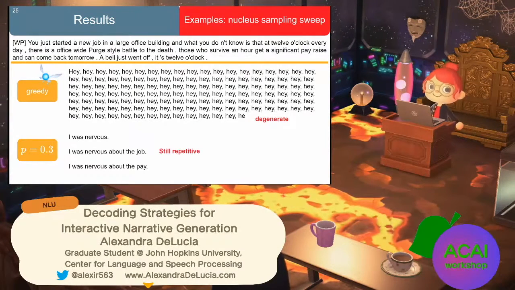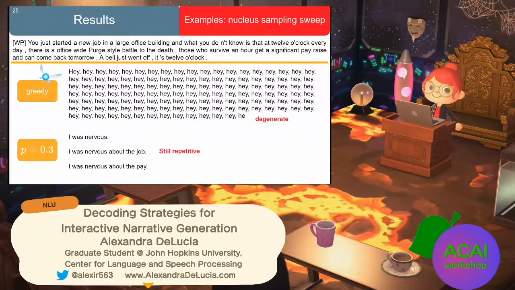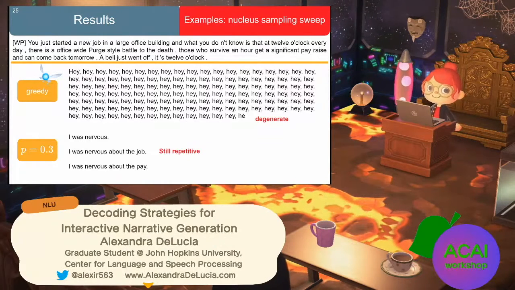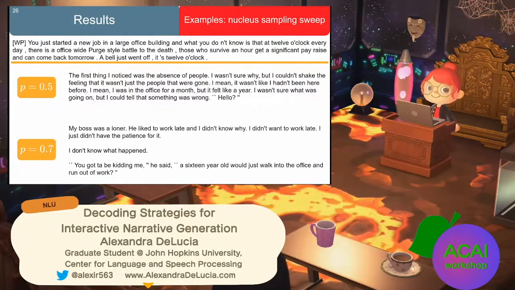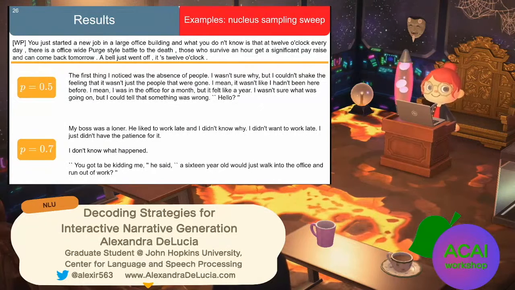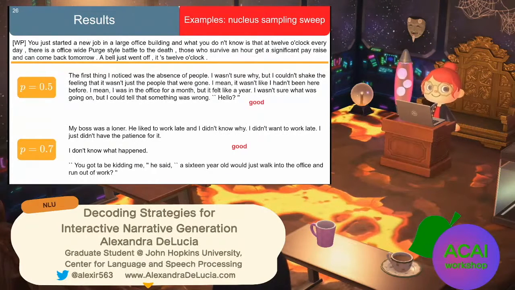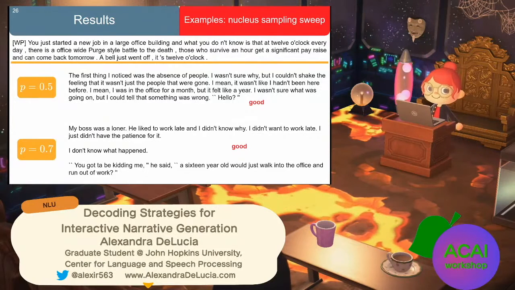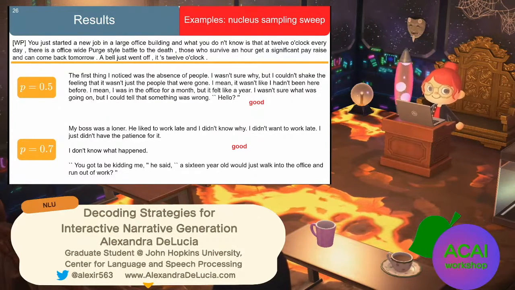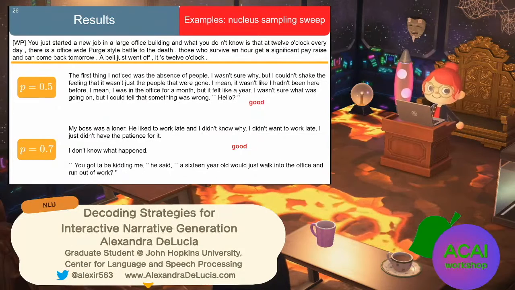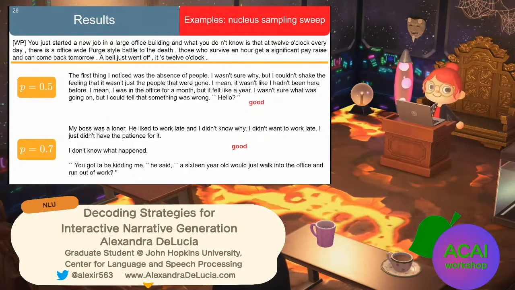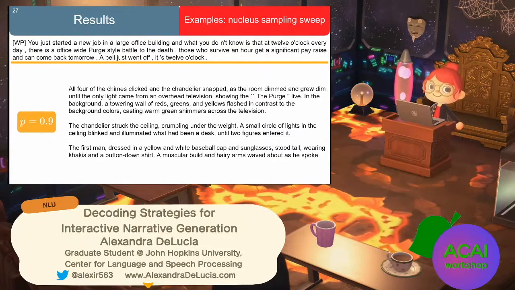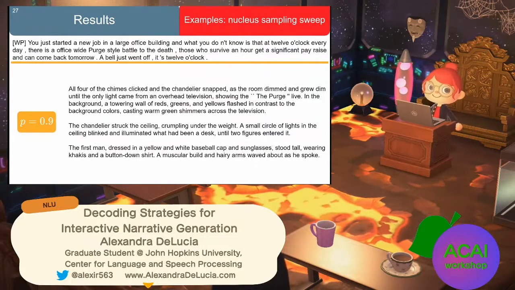And then as we move up to increase our nucleus sampling parameter, it gets better. So these are good. They seem to be pretty fluent. They're kind of interesting. For p equals 0.9, this one starts getting a little wild.